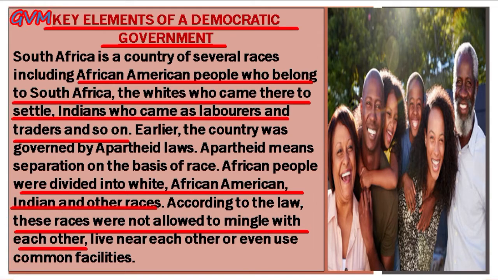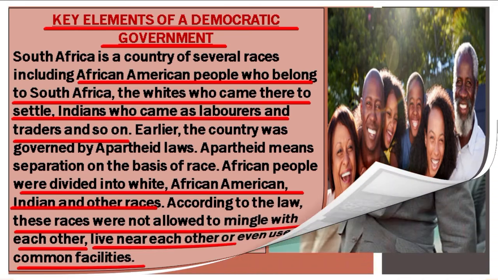And students, according to the South African law, these races were not allowed to mingle with each other, live near each other, or even use common facilities. That is to say, overall we can say that according to the South African law, people of different races didn't have any social contact with each other.